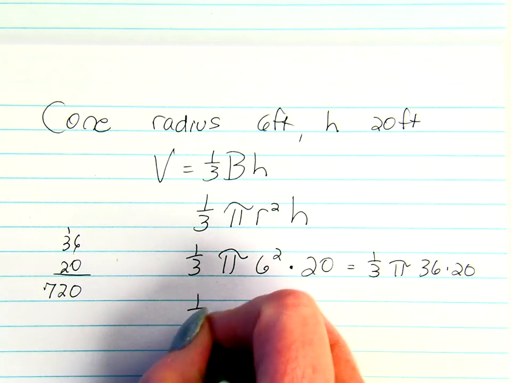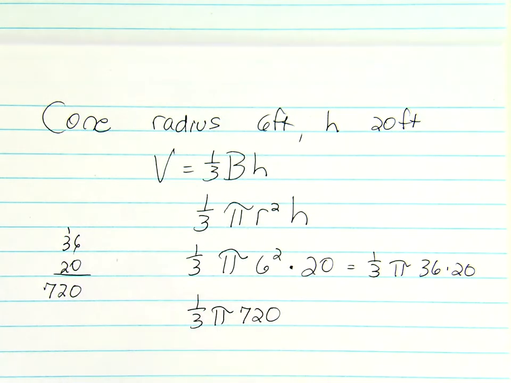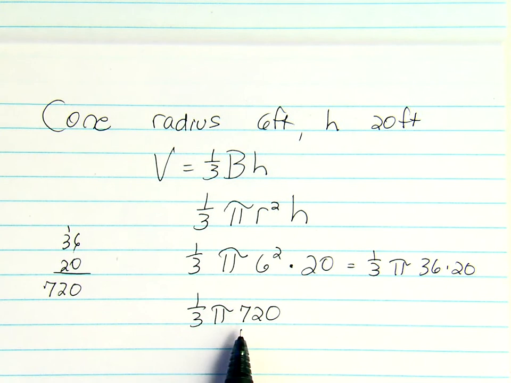So we now have 1/3 pi times 720. Now I'm going to go ahead because I know a little bit about my divisibility rules, and I know that I can easily take 1/3 of 720 because 7 plus 2 is 9.